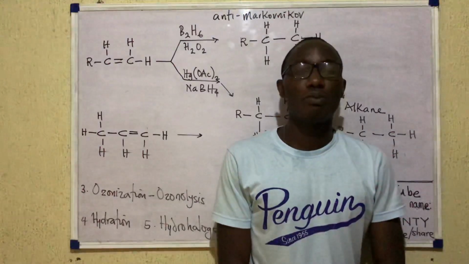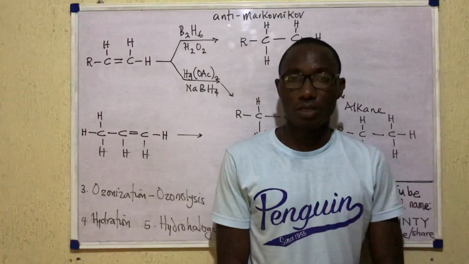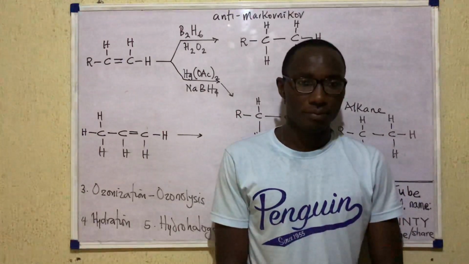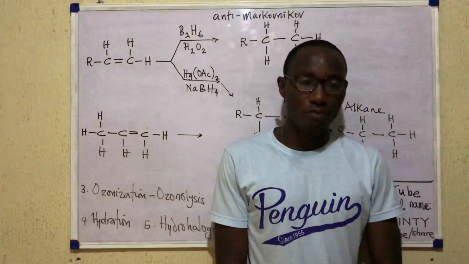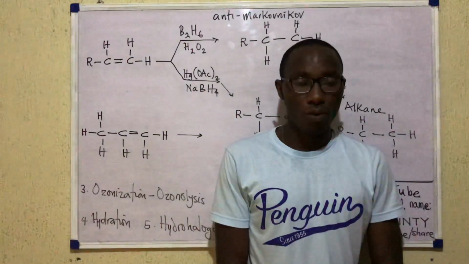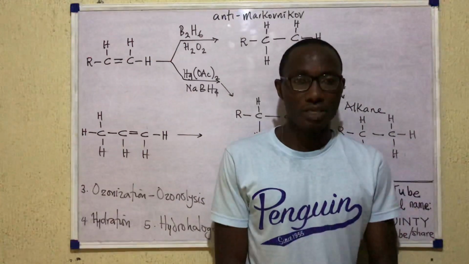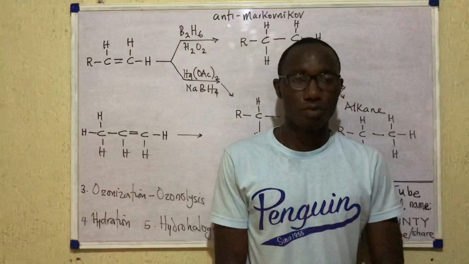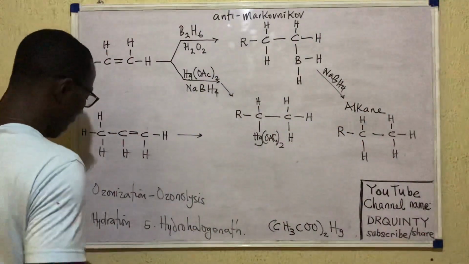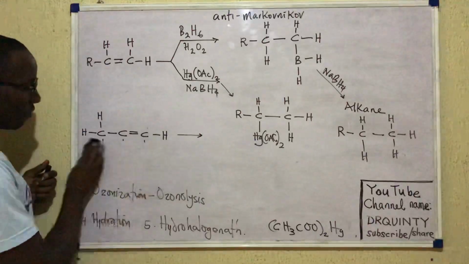Then when hydroboration is followed by reduction, we don't get an alcohol, instead we get an alkane. Then for oxymercuriation followed by demercuriation, that one gives us an alcohol exactly as predicted by Markovnikov's rule. So without wasting time, let's look at items 4 and 5.